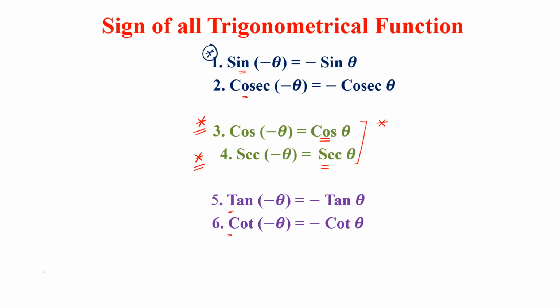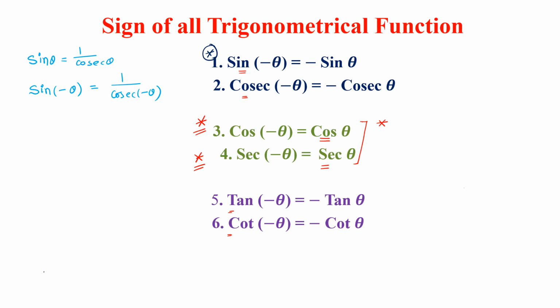So here we know sine theta is equal to 1 by cosec theta. So if we use sine minus theta, definitely it will become 1 by cosec minus theta.